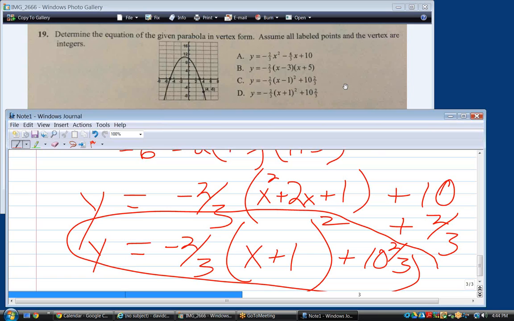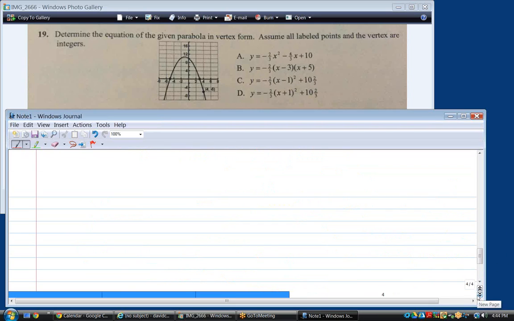Getting it from x-intercept form to vertex form was not that easy, as you noticed. It was actually quite a task, but no harder than if I said, take this polynomial and put it in vertex format.